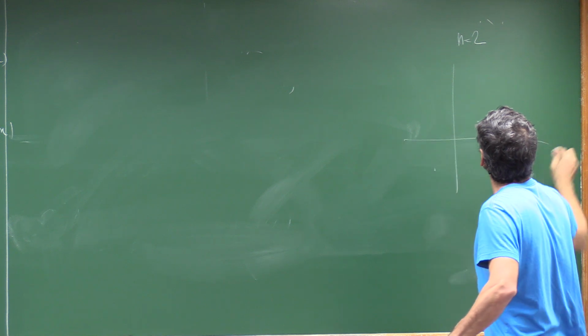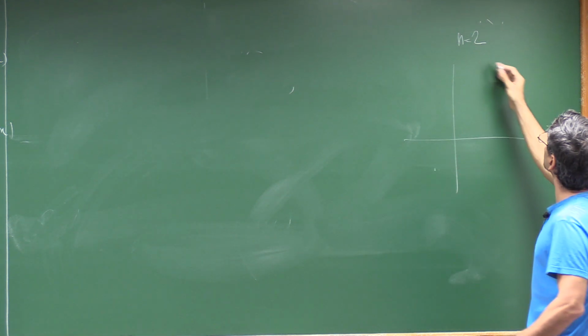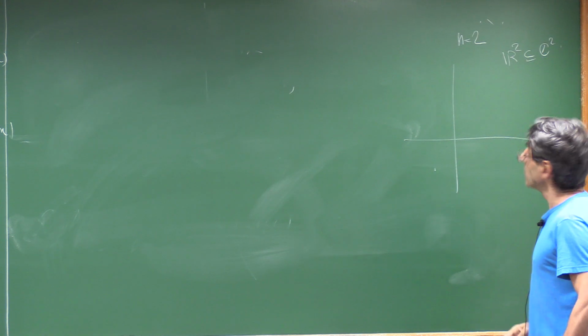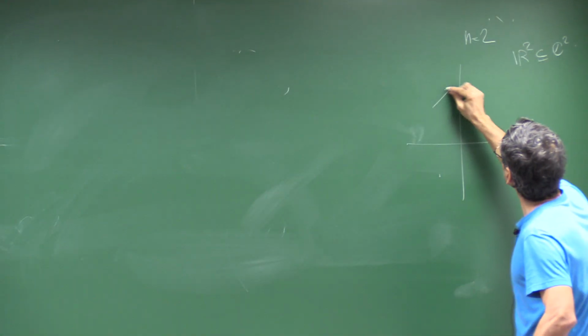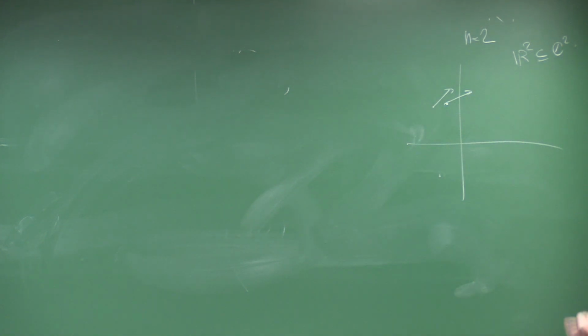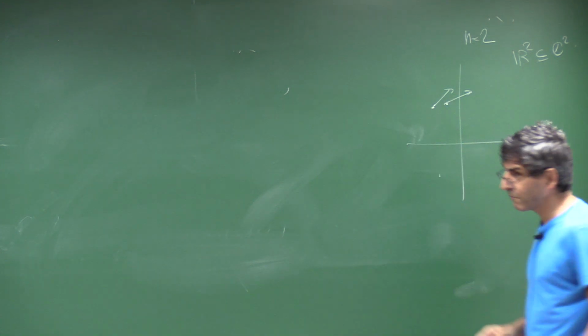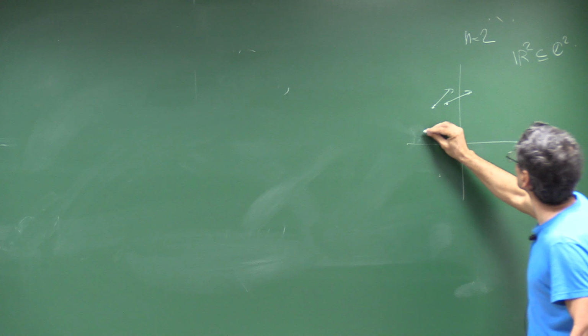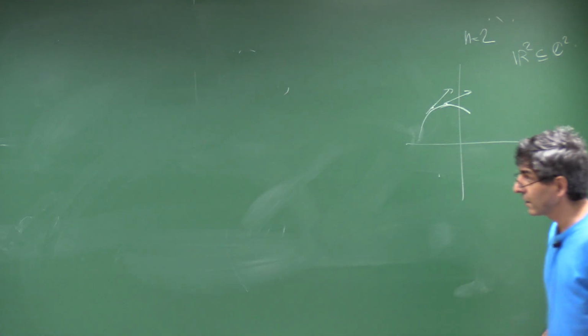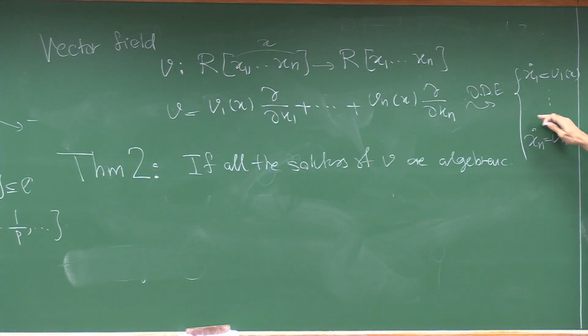So let's say in R2 or in C2. Vector fields just give each point a direction. I think most of us have played with GeoGebra, which draws the trajectories of these vector fields, which correspond to the solutions.